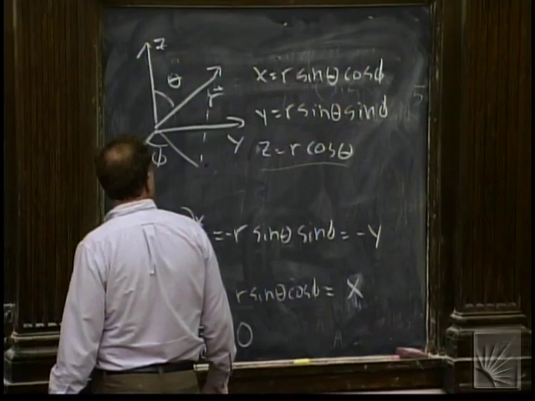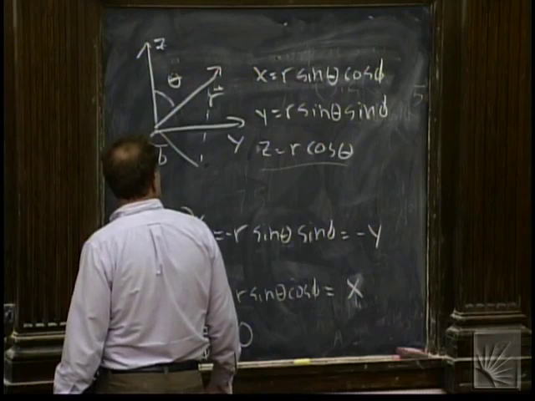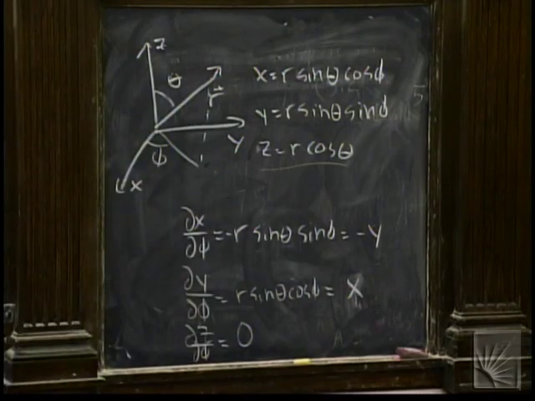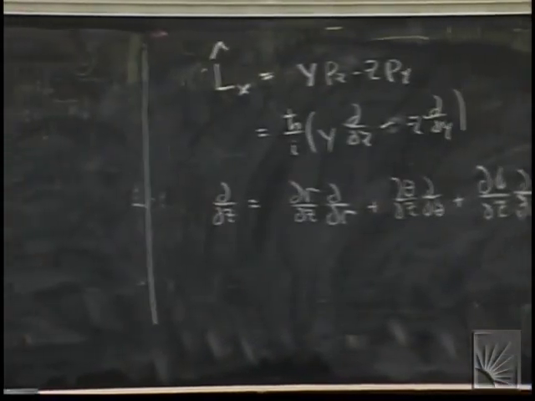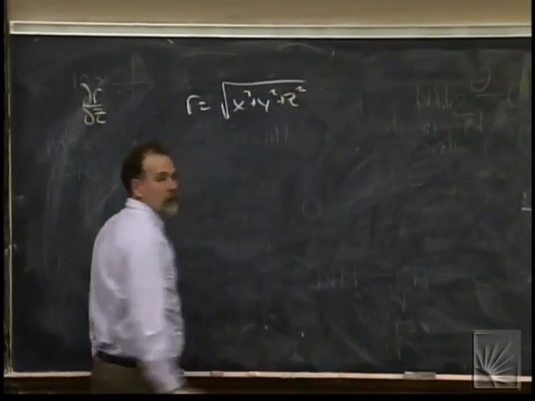Okay? And so that is simple. r equals the square root of x squared plus y squared plus z squared.